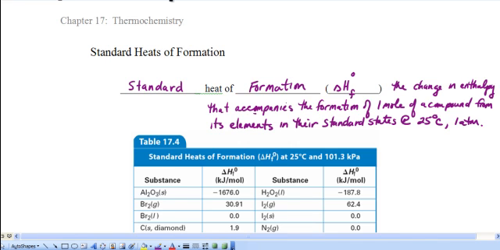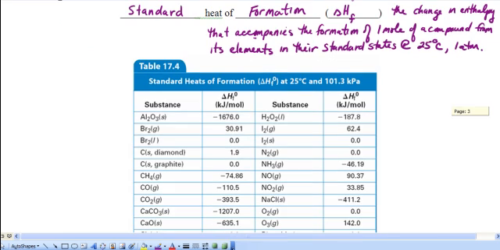All right. And so if we look at this table of standard heats of formation, what does this mean? Say for aluminum oxide, the standard heat of formation is a negative 1676 kilojoules per mole.